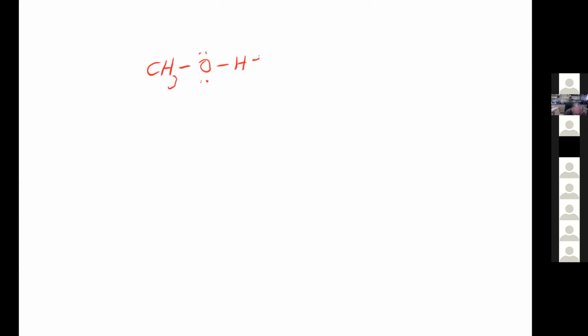So this would be the partial positive. This would be the partial negative. And notice that I also have a partial negative down there. So now if I have a partial negative, that's going to attract the partial positive of another molecule. Well, if the molecule is just like this, where is the partial positive? It's on the hydrogen.